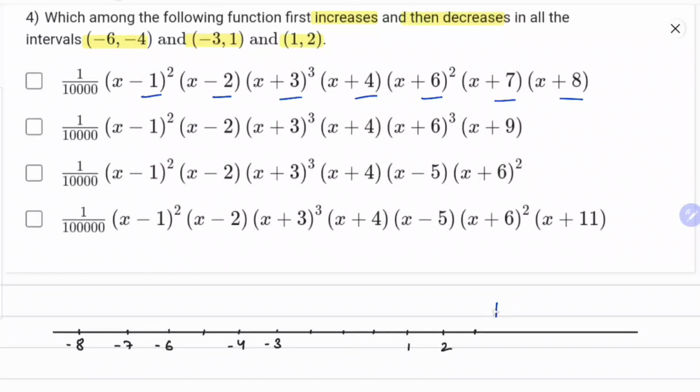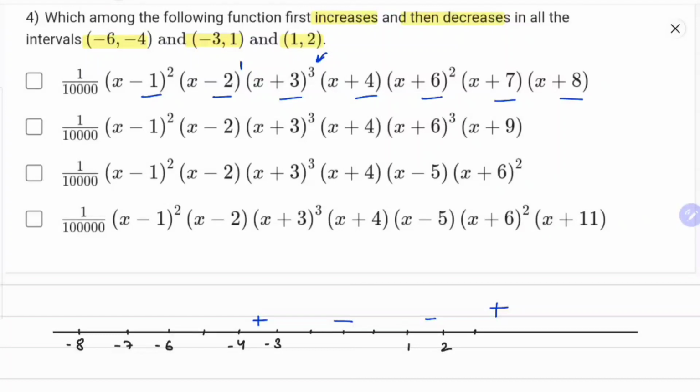So it is positive when the value of x is more than 2. Then at 2 we have odd power, that is power is 1, so sign will change, so it would be negative. Then at 1 we have even power, sign won't change, so it will remain negative. Then next we have minus 3, which has an odd power, so sign will again change, so this will be positive and this whole area will be negative.